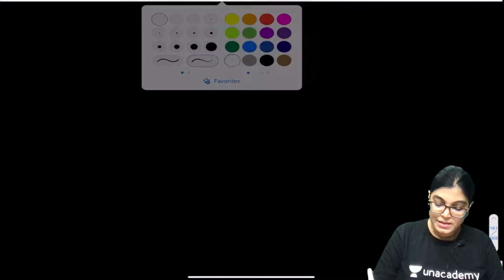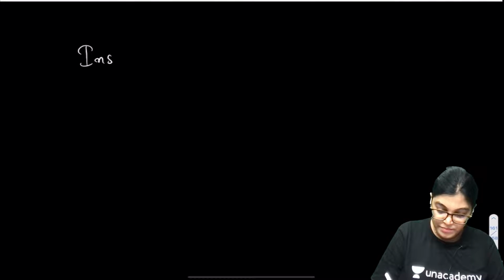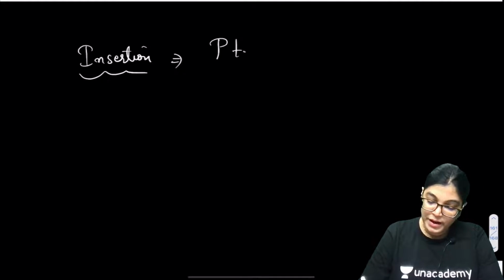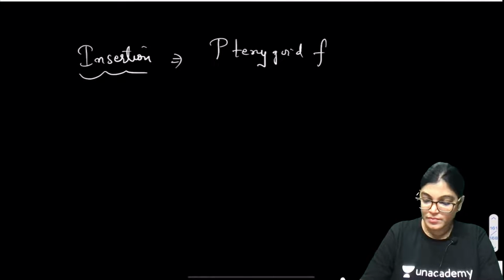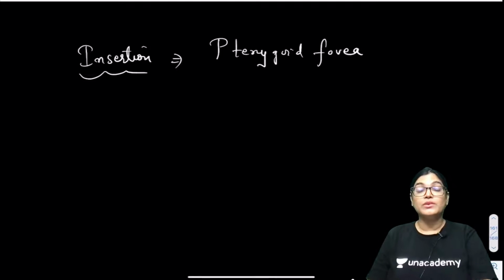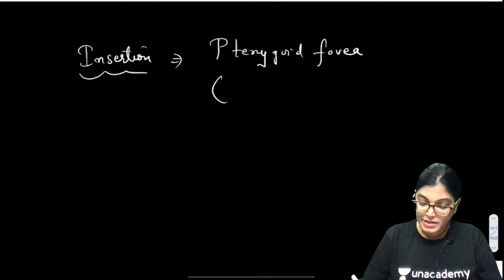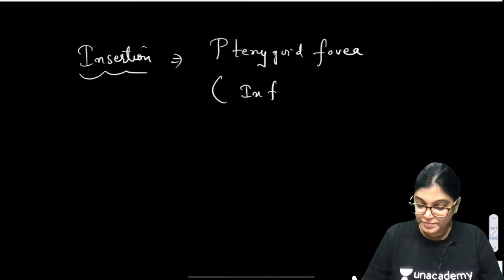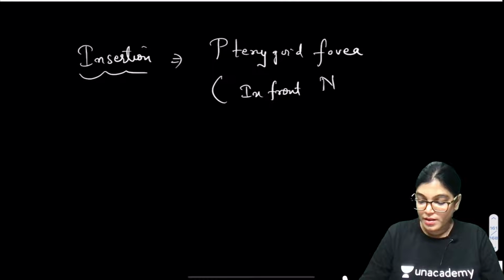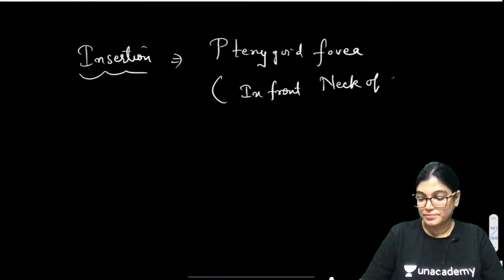The fibers of the lateral pterygoid muscle are inserting into the pterygoid fovea, lying in front of the neck of the mandible. Exact location is in front of the neck of mandible.